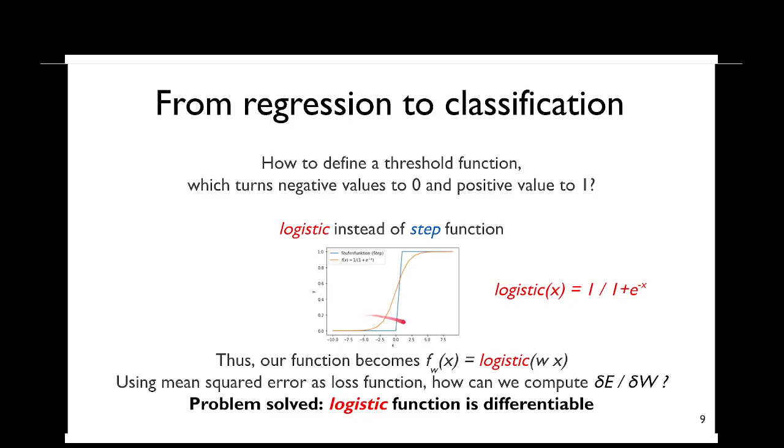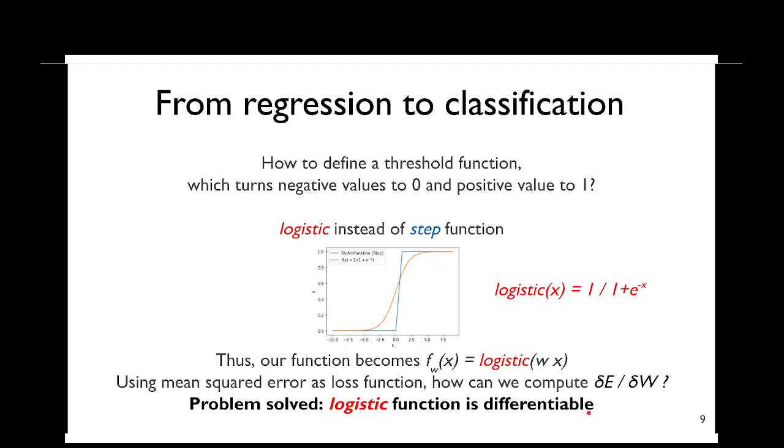The logistic function is defined as 1 over 1 plus e to the power of minus x. So our function now becomes f_w of x equals logistic of wx. Now we can use the mean squared error loss function, and we're able to compute delta E by delta w. So problem solved, logistic is differentiable.